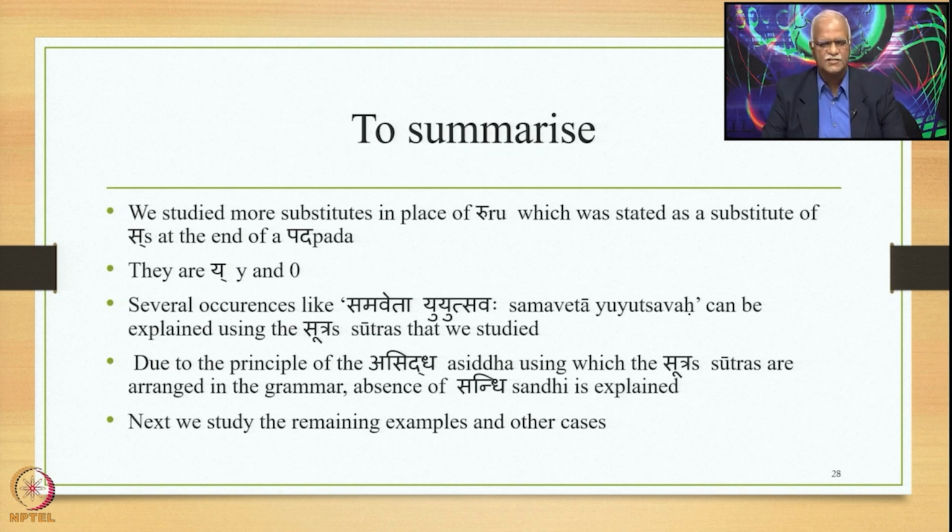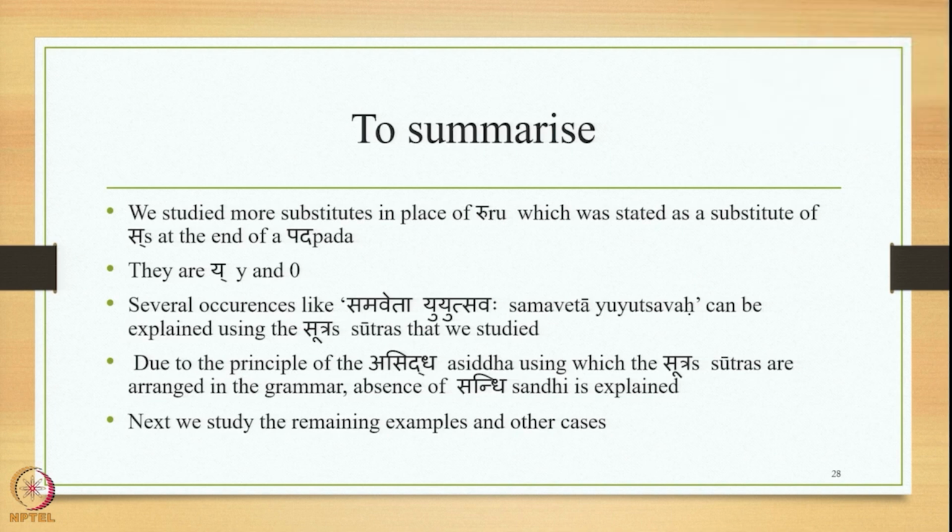So, Lopashakalya as well as Hali Sarve Sham. Due to the principle of the Asiddha using which the sutras are arranged in the grammar, absence of sandhi is explained by the grammar. Now we study the remaining examples and other cases which illustrate this particular Swadhi Sandhi more.